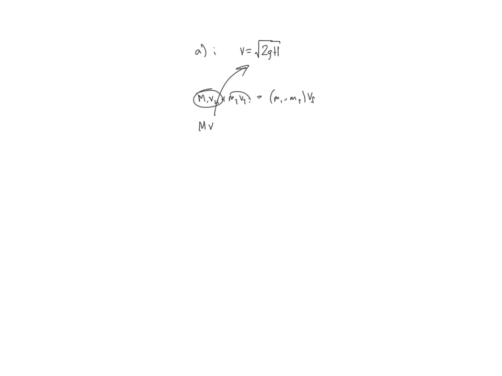The second term will represent the plate, which is initially not moving, so that term is 0. And that's equal to the two masses added together, 2m, times v final. The m's cancel out on both sides, so when you solve for v final, you get v final is equal to v over 2. Plug in that formula for the v, and you've got your answer to part B.